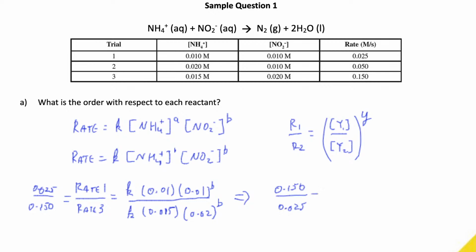which is equal to, now you're allowed a calculator, and I'm going to use my trusty scientific calculator, but it's not a graphing calculator. It's not as fancy as the one you would be using, but it does the job nonetheless. So this gives me 6 equals, now the K's will cancel.